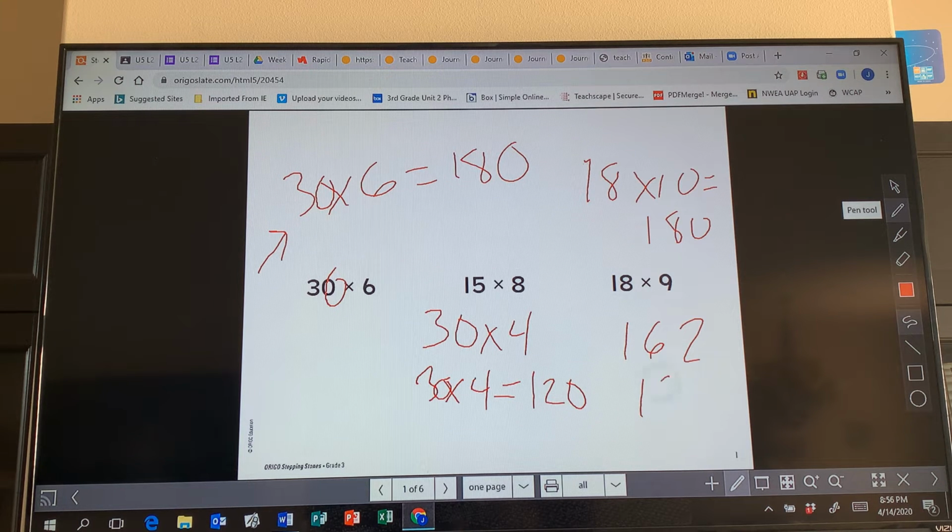I went 180 minus 18 equals 2, so I'm going to go ahead and regroup, okay? And put 2 down there, 6 there, and 1 there. All right? So those are some strategies we can use to solve larger multiplication equations that we may not be familiar with. Okay?